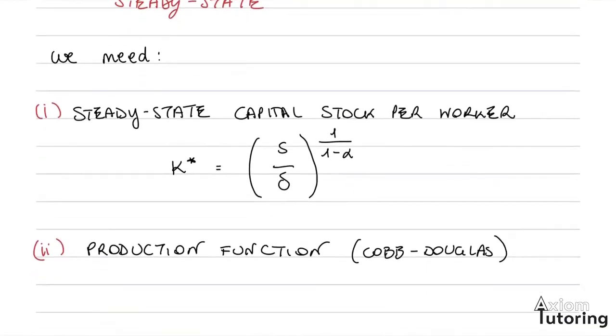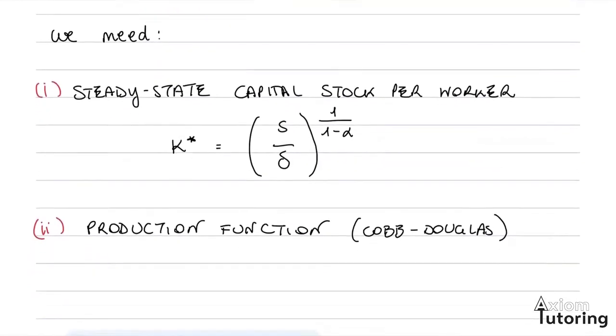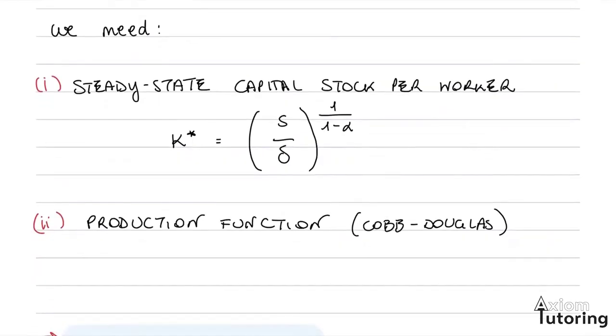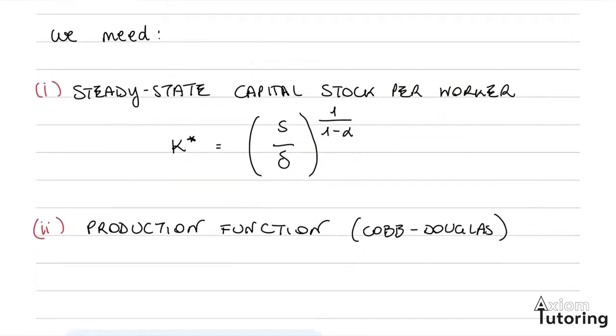And then the reason why we need the steady state capital stock per worker is because the output is determined by the production function. And production function in the steady state gives us output in the steady state. And what do we need to find output in the steady state?